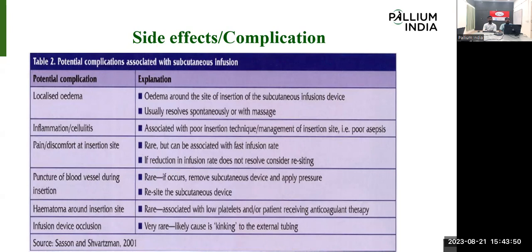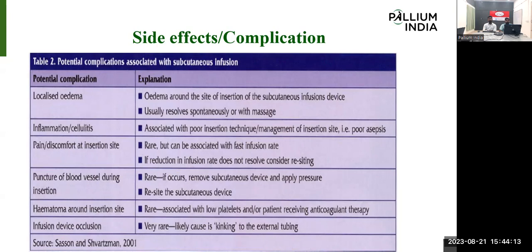Then infusion device occlusion. It's very rare, but we can expect it, because if we plan to give some medication continuously for hours, we can use a syringe infusion pump or syringe driver. Those machines may give alarms in between.